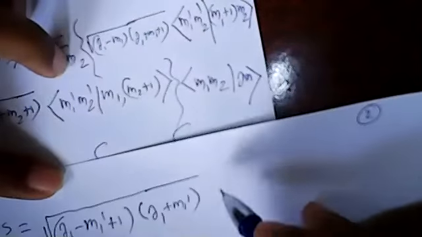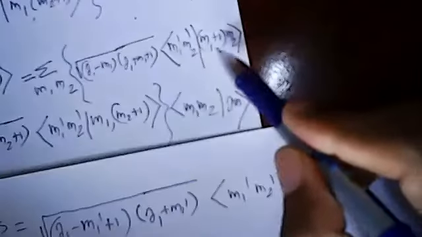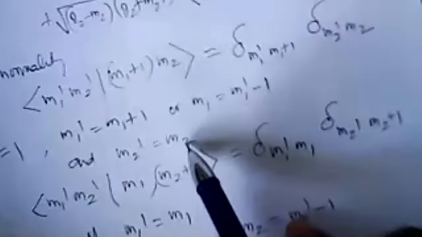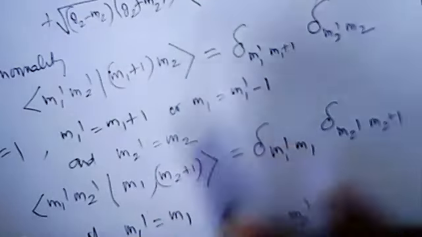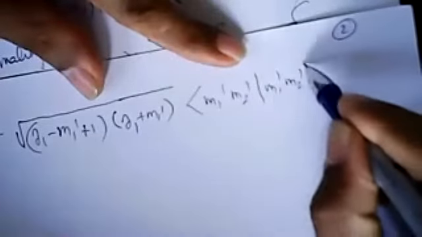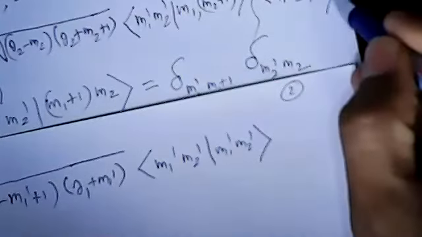Now, m1 dash m2 dash, let it be there. Now what is m1 plus 1 and m2? m1 plus 1 is m1 dash, and m2 is m2 dash. So substitute that, and we get m1 dash m2 dash. Now this outside term, m1 m2 jm, comes inside.